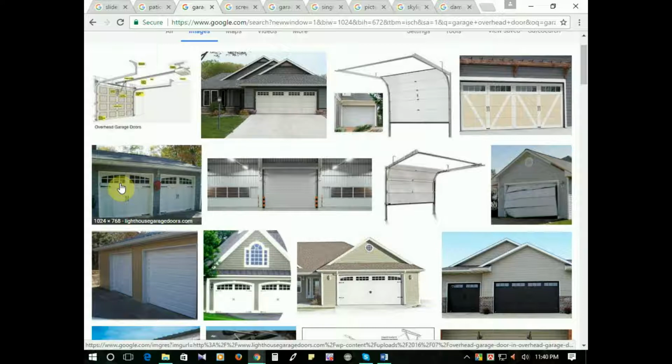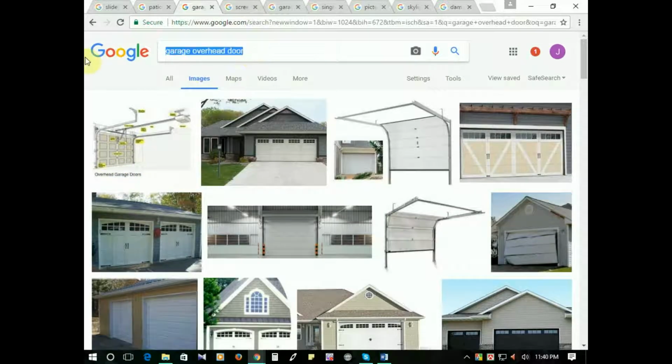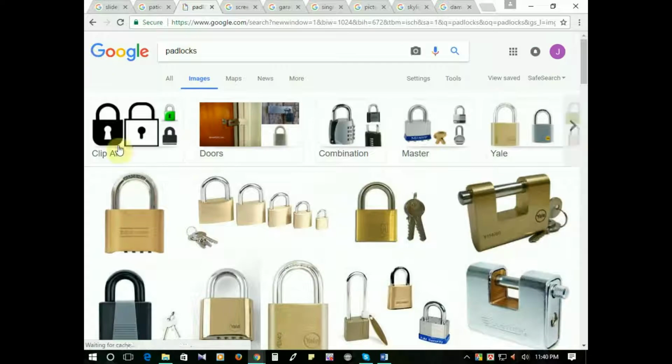The overhead doors are usually locked by a set of padlocks. So basically, this is what a padlock is.